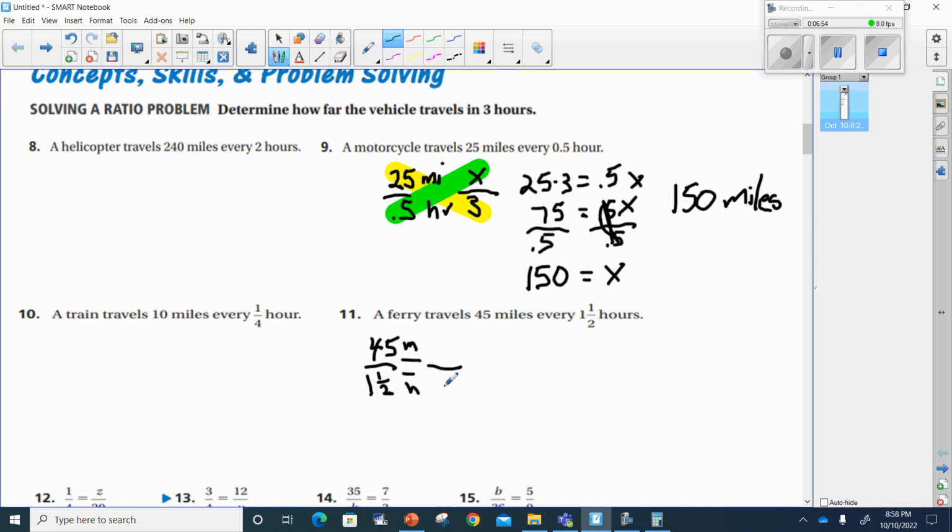And this is going to be a 3 down here because we want to find out what x is. Well, we're going to have to take this decimal and turn it into a fraction, right? So this is all going to become 45 over 3 over 2. And that's going to equal x over 3.